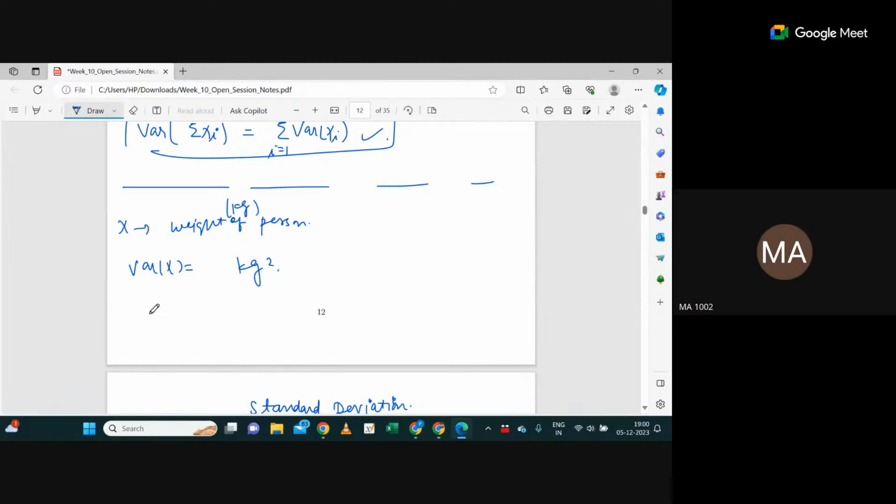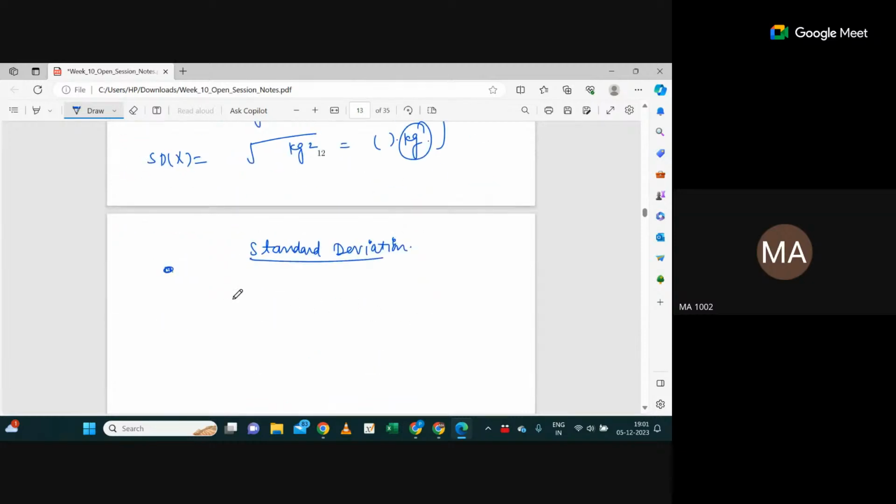If you take the square root of this kilogram square, you get a value in kilogram, the same unit as the original data set. So you will be able to compare it. You can easily tell the spread or deviation of your data set in the original unit. That's the need of standard deviation.